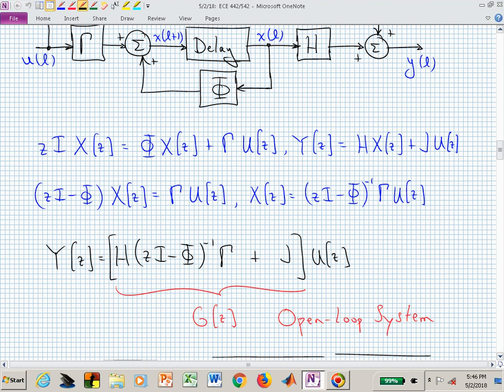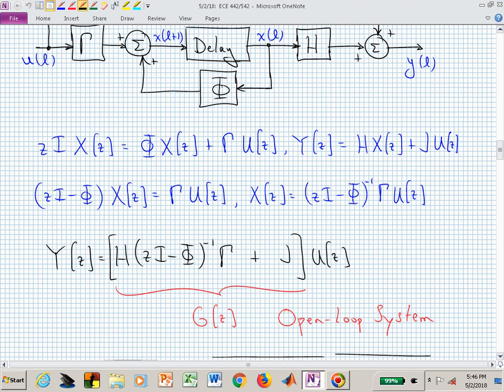Here are the equations. If you actually z-transformed those relationships, that little x of n plus 1 becomes z times X. That's the advance operator. And here I've gone ahead and introduced an identity matrix so that I can actually factor out or combine the pieces in that equation that contain the state vector z-transform capital X of z.